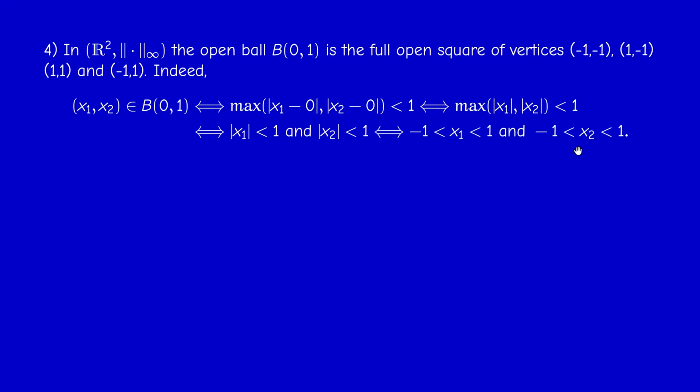And what does it mean? This happens if and only if x1 is between -1 and 1, so the first component is between -1 and 1, and same thing for the second component. This is the boundary of the square, and these are the vertices: -1, -1, 1, -1, 1, 1, and -1, 1.